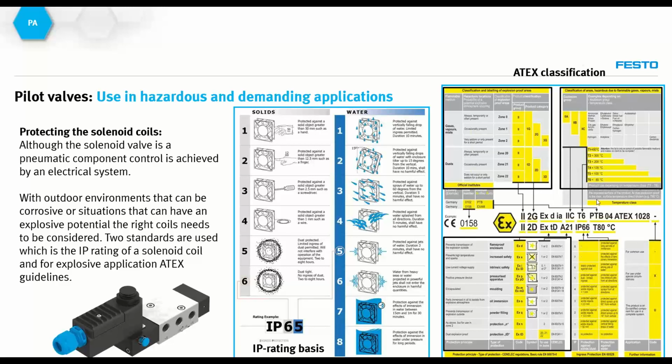So how do we protect ourselves? In the bottom left overview, there are certain protection types that can be considered for protecting solenoid coils in explosive environments. Ex d, for example, is a flame-proof enclosure where the housing of the solenoid coil is capable of allowing an explosion within the housing without letting any gases and sparks get out, protecting the environment.